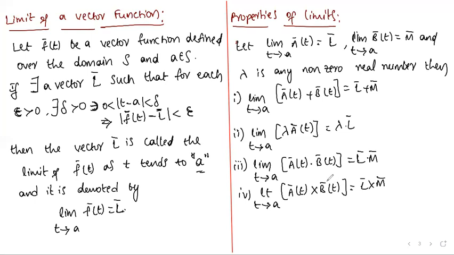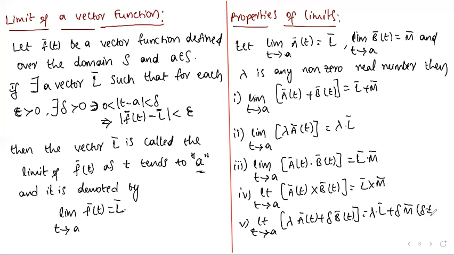And the next property: limit t tends to a, lambda into a bar of t plus another variable delta into b bar of t, then it is lambda into L bar plus delta into M bar, where delta is also not equal to 0, a real number.